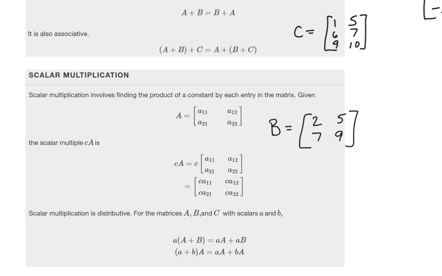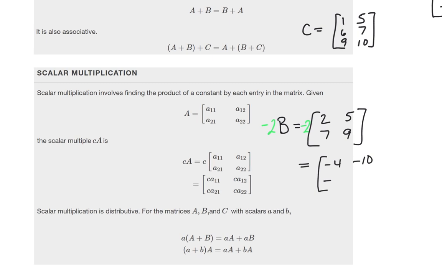Say I want to multiply this by a -2. So every entry is going to get multiplied by a -2. So it'll be -4, -10, -14, and -18. And that's just how it works.